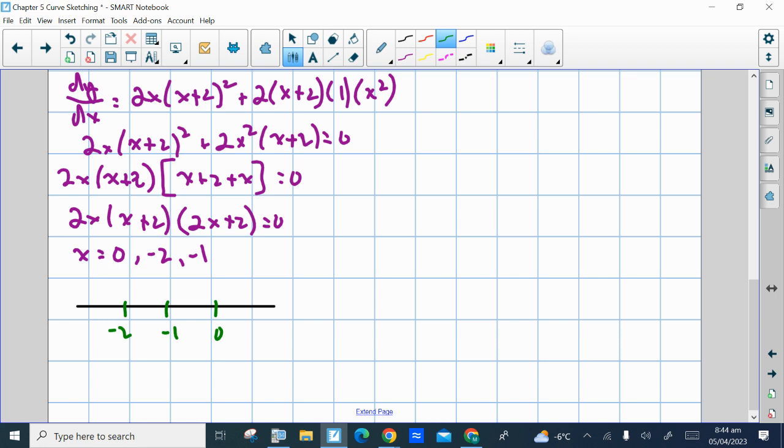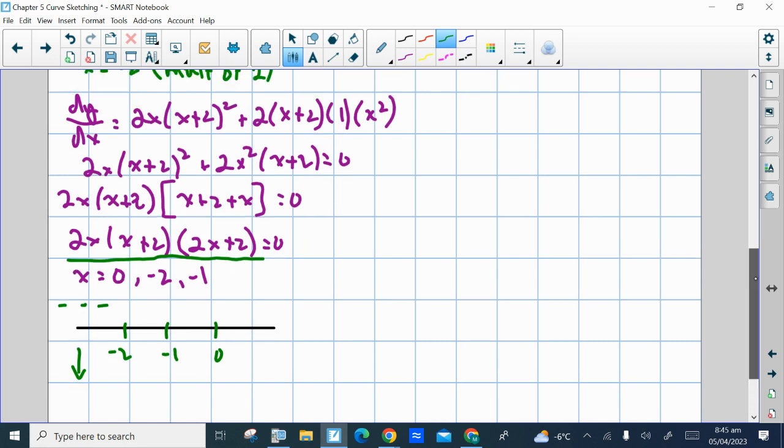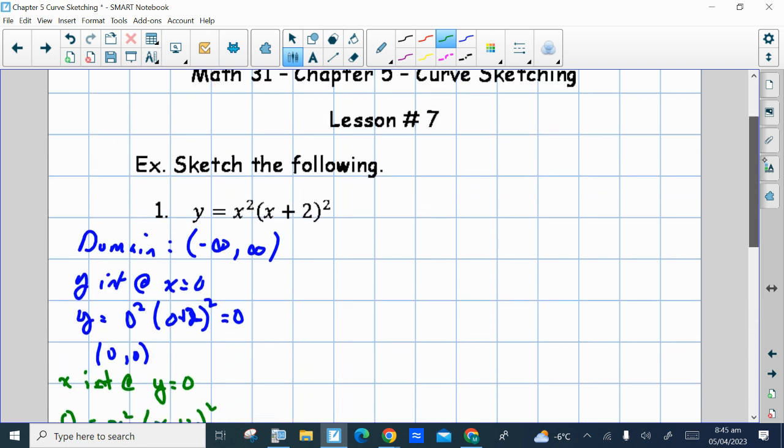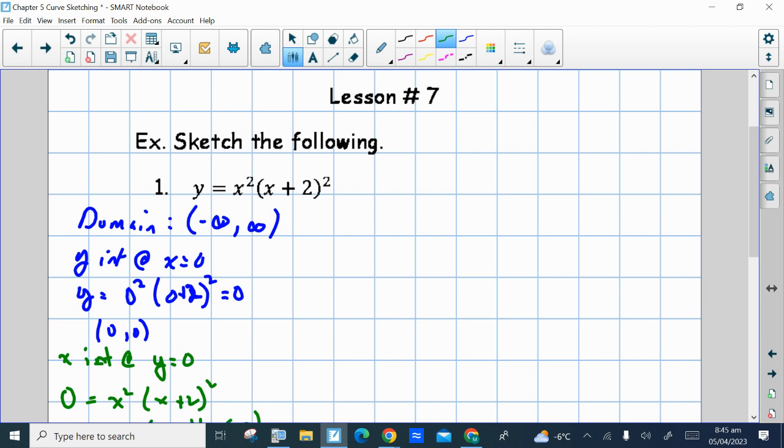So, a number in the first interval, a number less than -2. And again, I'm going to use the factored form. When x is -3, the first factor will be negative, the second factor will be negative, and the third factor will be negative. 3 negatives multiplied together give us a negative, so the graph will be decreasing in that interval. If we look at the original function, it'll be a 4th degree polynomial because the first x is squared.